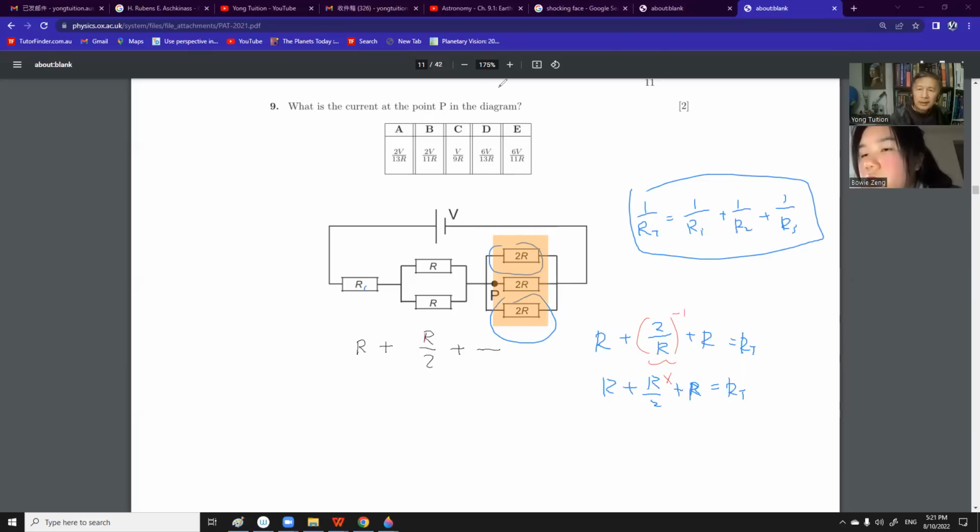Because they are identical, according to the formula you used, which is correct, the equivalent resistor's reciprocal must equal the sum of these 3, or 3 times this one. Yes, the individual one is 2R. So from here we can directly derive this. We just use the equivalent, just one third of these 2R.